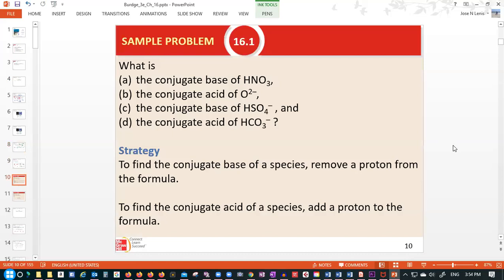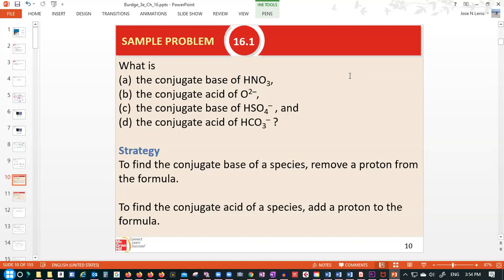So let's practice. We have some examples here. Let's find the conjugate acids and bases for some species. Notice that conjugate acids or bases can be neutral, can be molecular, or can be ionic forms.